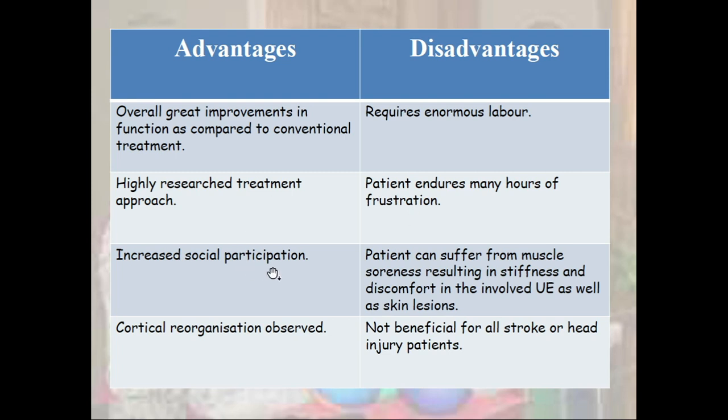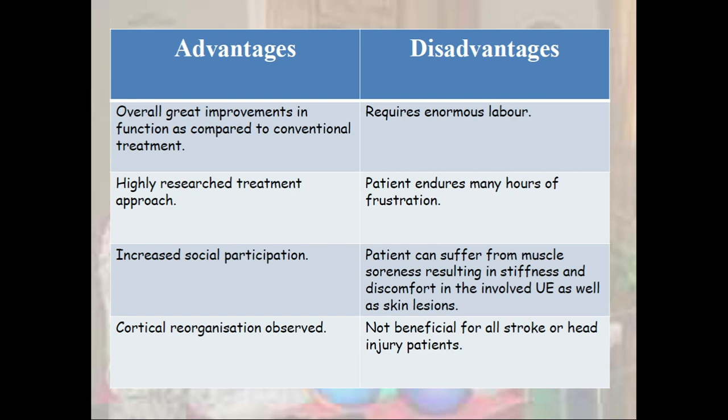Another advantage is increased social participation. When a patient gets some improvement after CMT, they become very active in social participation because they are now able to do some activities with the affected side, so they are happy and they don't shy away from going out and meeting other people. But in addition, the patient can suffer from muscle soreness resulting in stiffness and discomfort in the upper extremity, as well as skin lesions when they use the affected side.